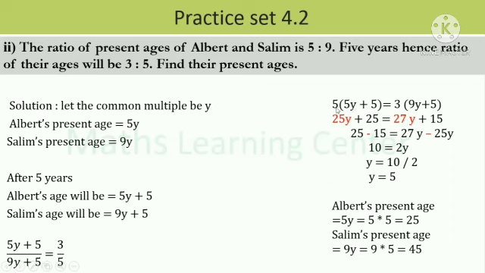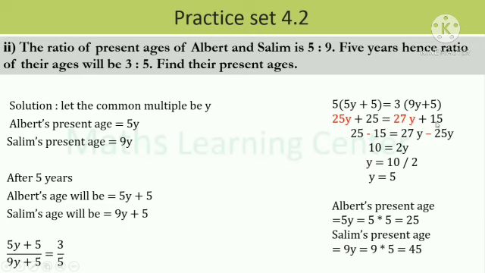We will get 5 5s are 25y plus 5 5s are 25 is equal to 3 9s are 27y plus 5 3s are 15. Now we will collect the like terms. So 25y we are going to shift, and the sign of it is plus, so after shifting it is minus.